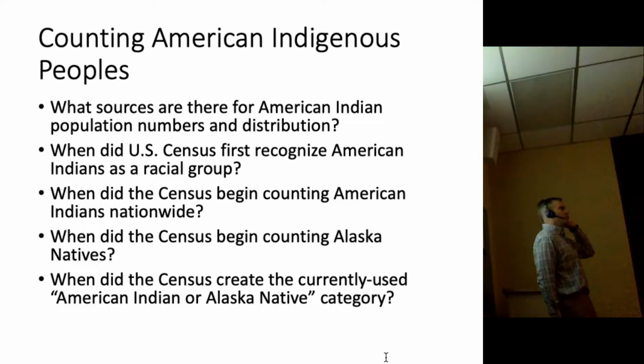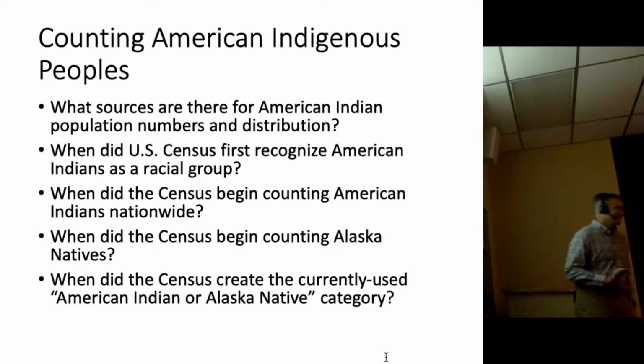So you should read your Constitution closer, because Indians are mentioned 3 times. And they're referred to not as Native Americans, but as Indians not taxed. Indians not taxed has a great amount of significance to it. Anyway, they are not counted as a group by the census until 1860.